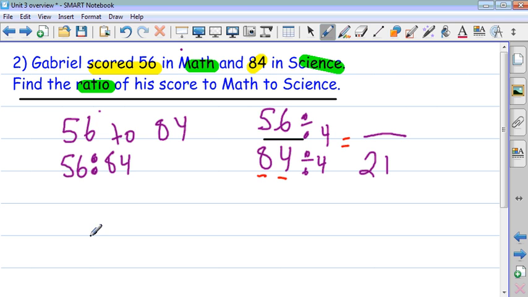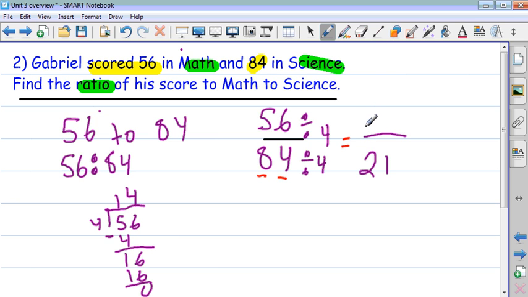Next part's kind of trickier. 56 divided by 4. I'm going to actually have to do a division house right here. And I just do a really tiny one. 4 goes into 5 1 time. And let's see, that gets me 4. 5 minus 4 is 1, and I bring down the 6. 4 goes into 16 4 times.